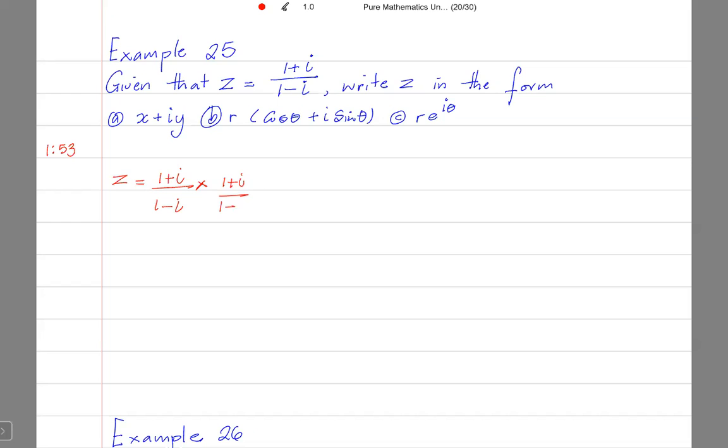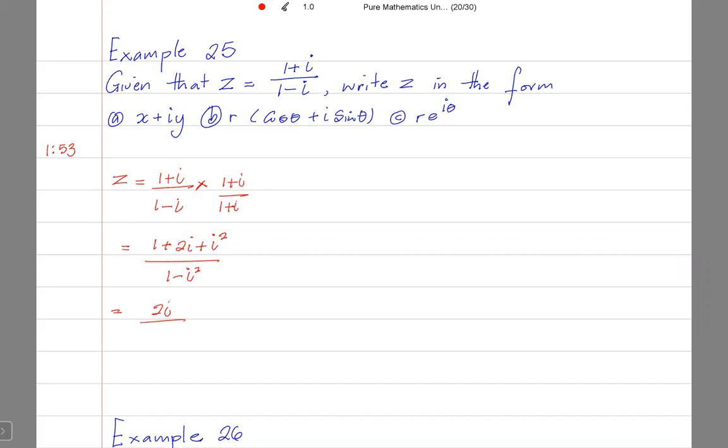I think this is something that we've probably done already. Up top, we're going to get 1 plus 2i plus i squared. Down by the bottom, we're going to get 1 minus i squared. So up top, we have 1, i squared is minus 1, so 1 minus 1 is 0. So at the top, I'm just left with 2i.